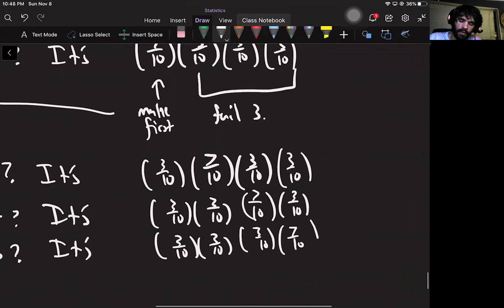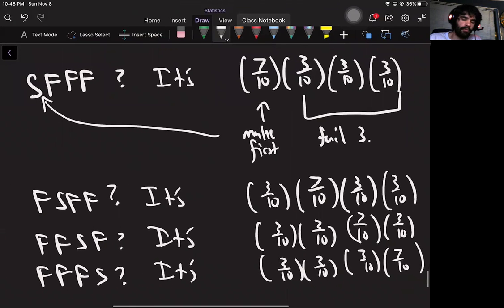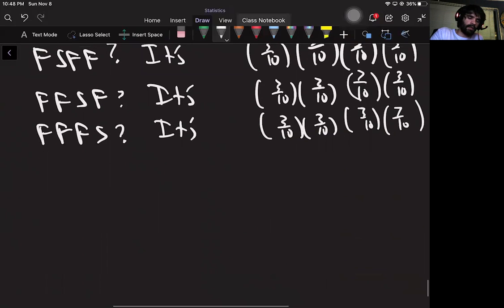So these 4 probabilities correspond to the probabilities of these 4 different disjoint events happening, of either making the first one, or instead making the second one, or instead making the third, or making the fourth. So then finally, I just have to add all these up. And that's the probability of one success out of 4 tries.